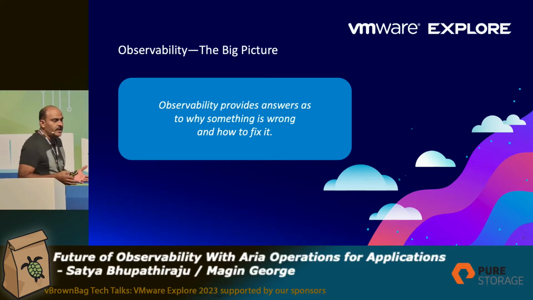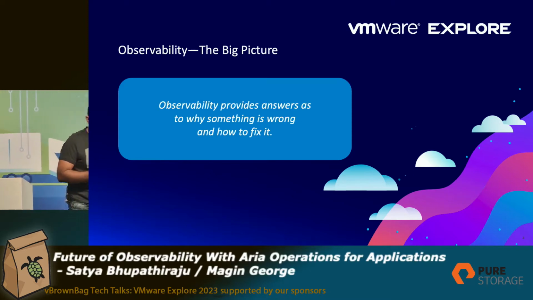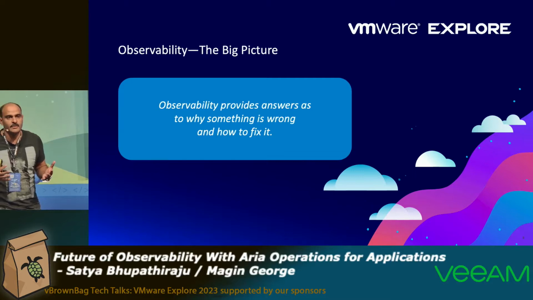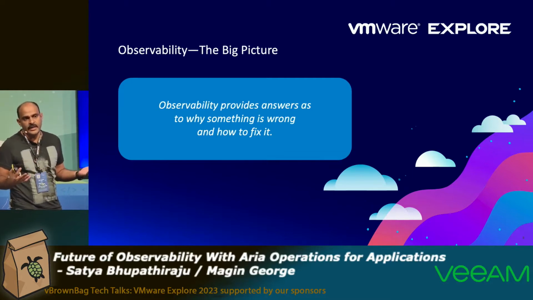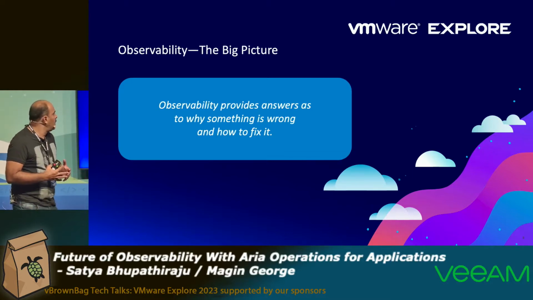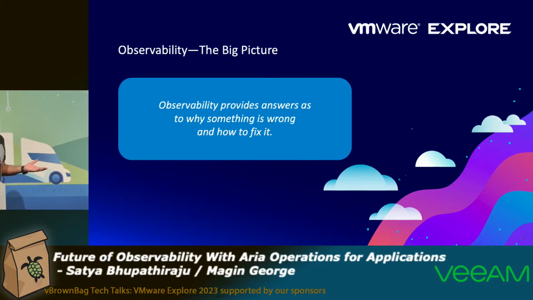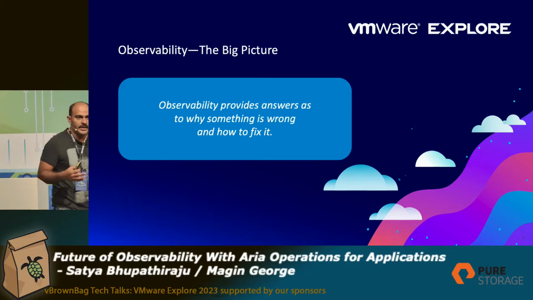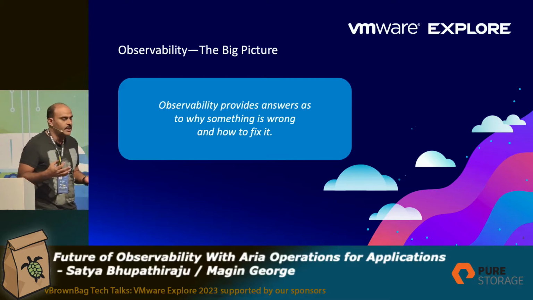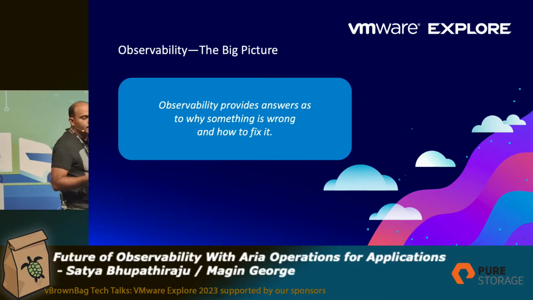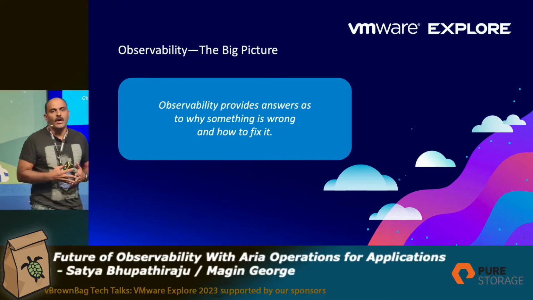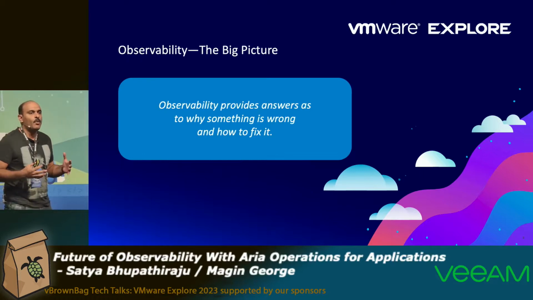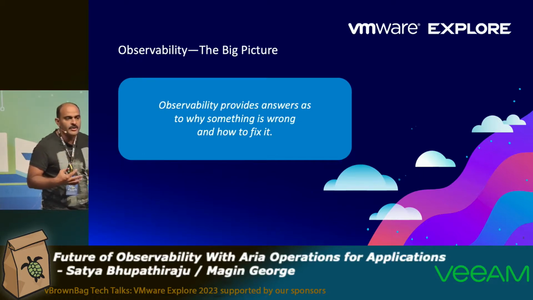Observability and monitoring are two related but distinct concepts in the context of monitoring systems or applications or in case of service operations. Let's try to differentiate both. Monitoring is a process of collecting data or metrics from remote systems to track their health, performance, or availability. Observability, on the other hand, is a more holistic and comprehensive approach.